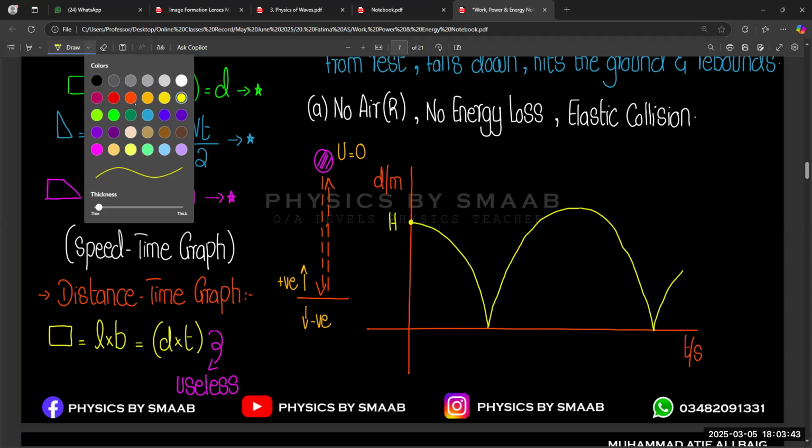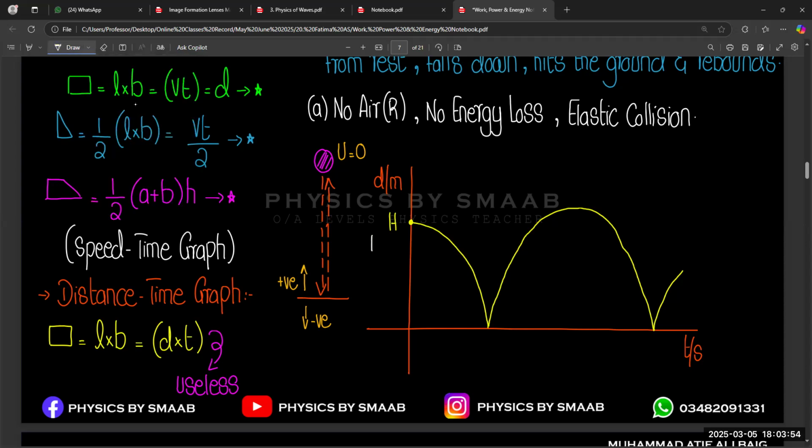For example, if you drop the ball from 10 meters, it will again reach the same height because there is no energy loss, right? Just for example, if the value is 10 meters, it will again reach 10 meters. Okay, so the graph is constant.